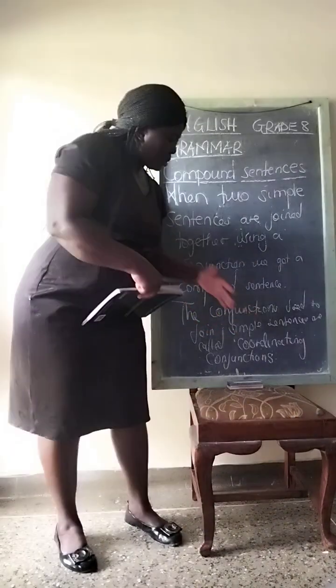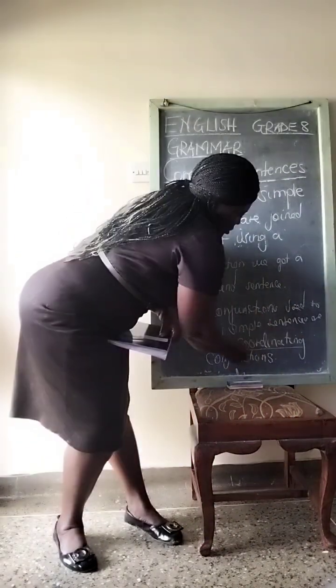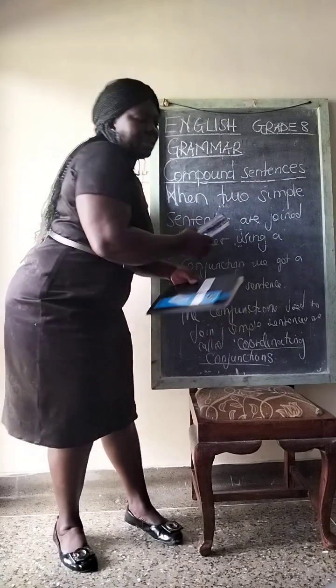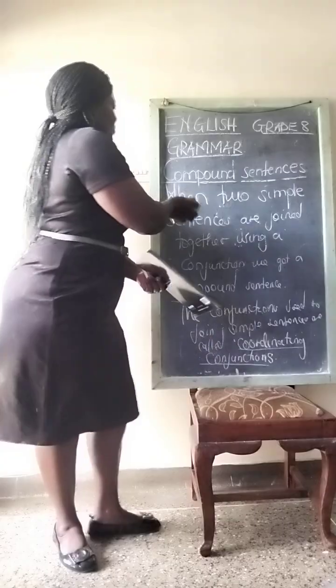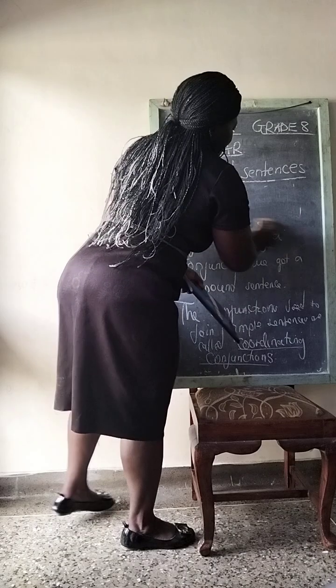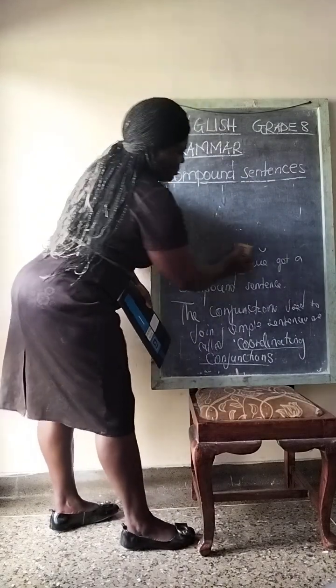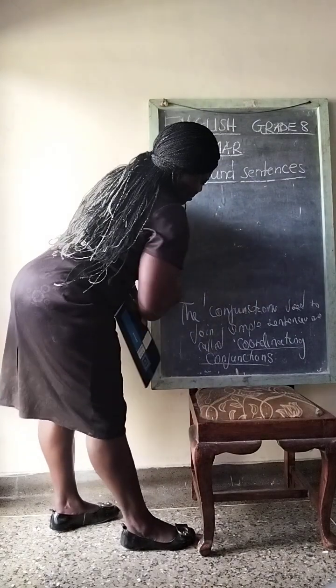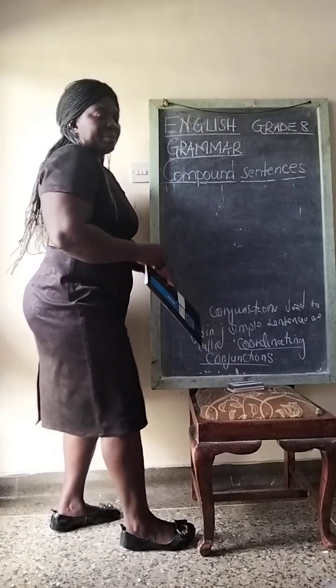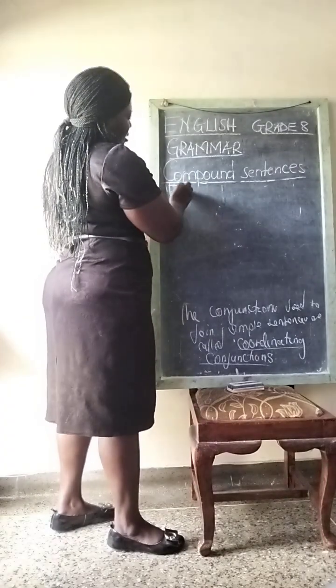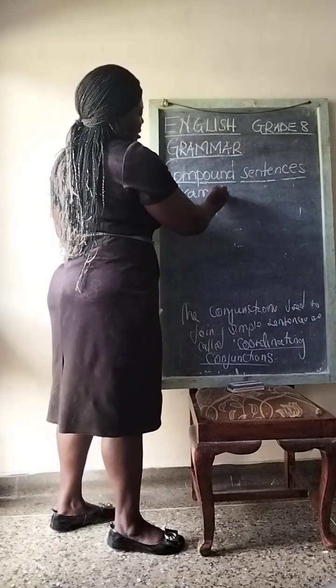They are called coordinating conjunctions. Let us give examples of the coordinating conjunctions.